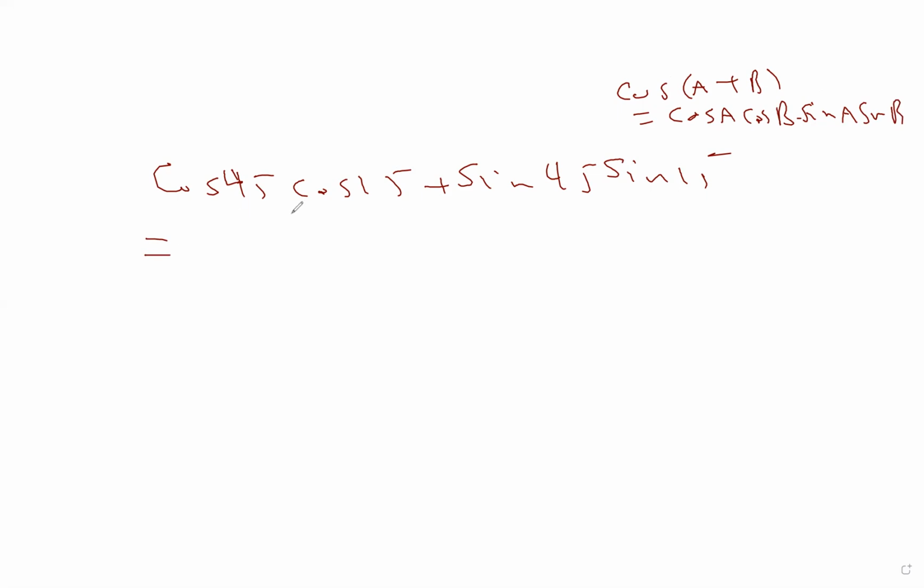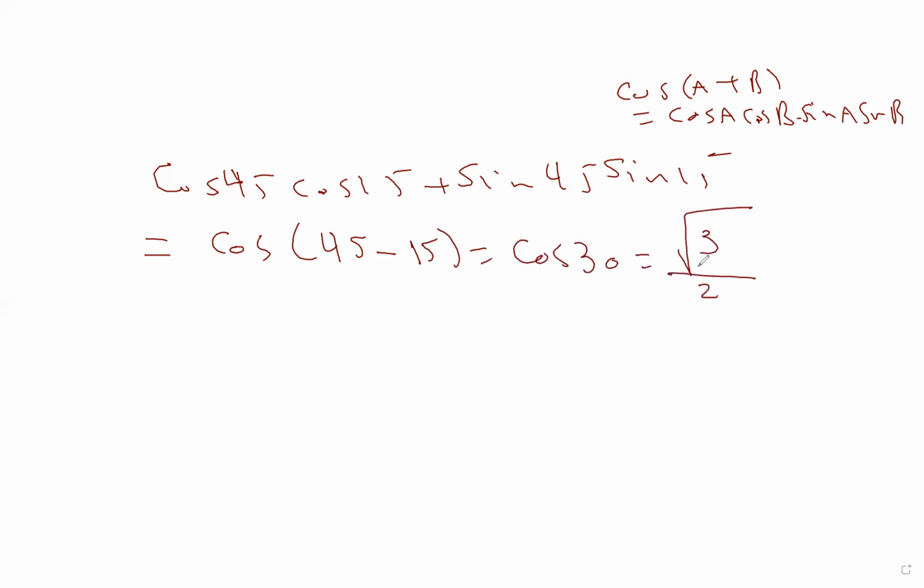This is cosine cosine plus sine sine. It will be cosine 45 minus 15, which is cosine 30, which is root 3 divided by 2, without using a calculator. All this example without using a calculator.